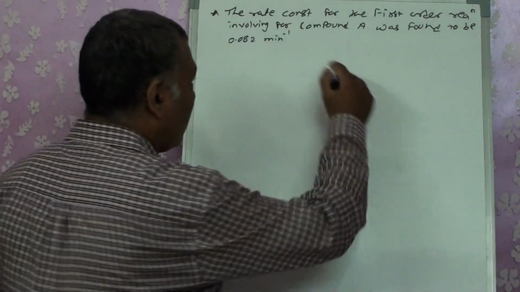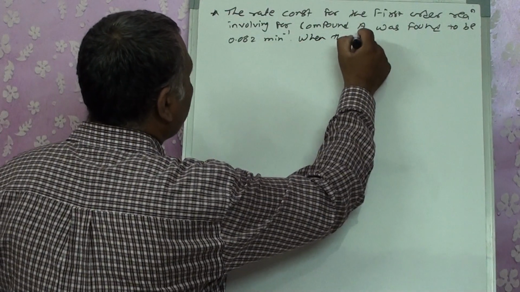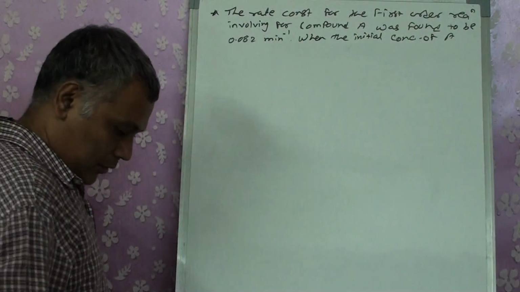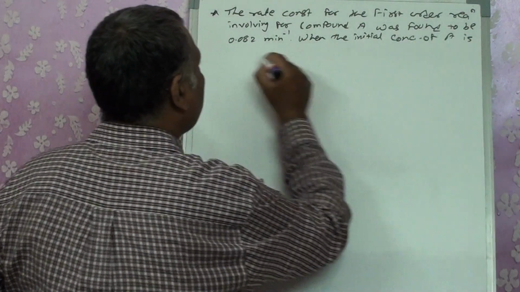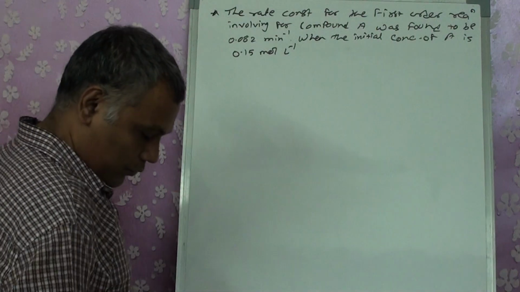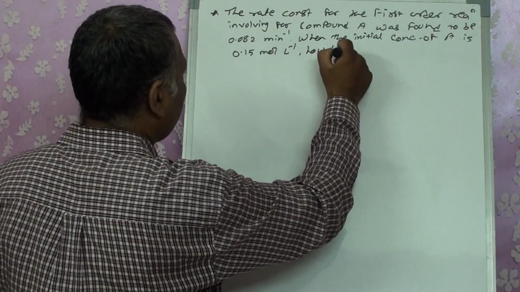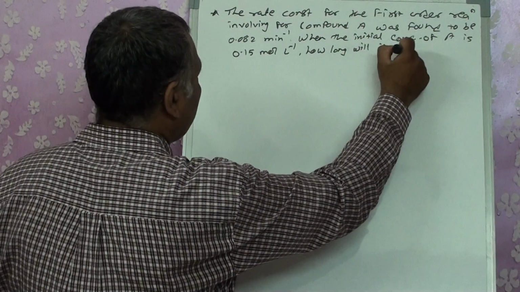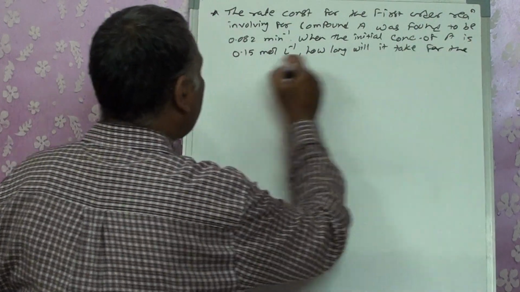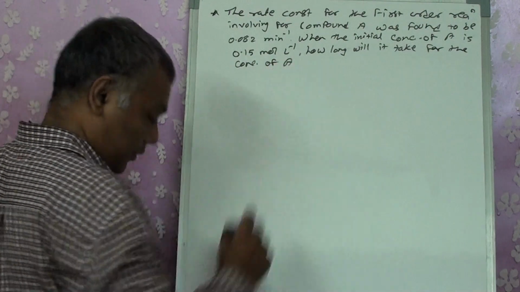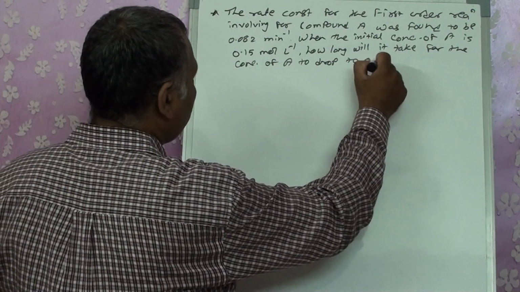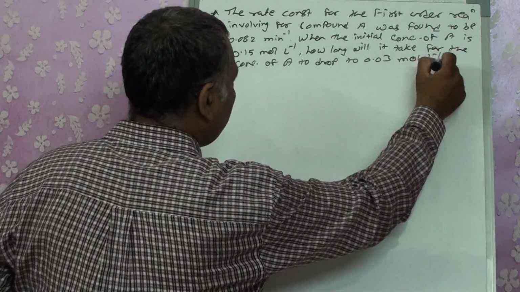When the initial concentration of A is 0.15 mole per liter, how long will it take for the concentration of A to drop to 0.03 mole per liter?